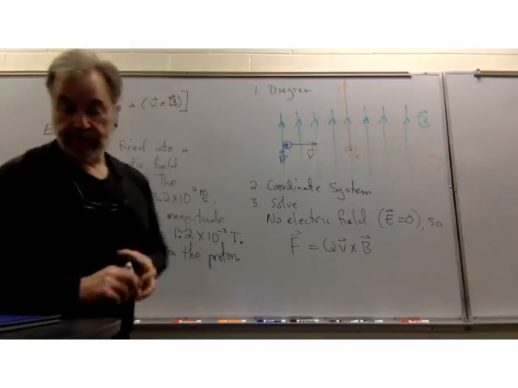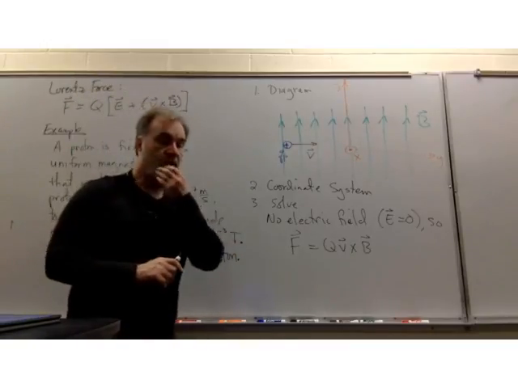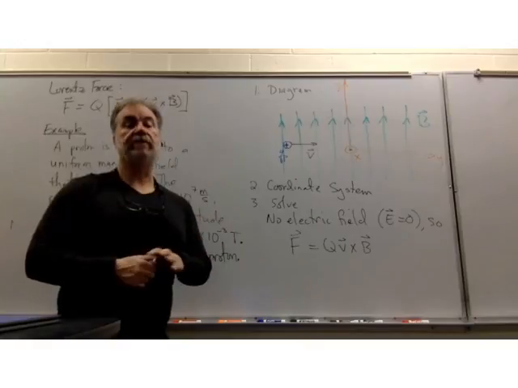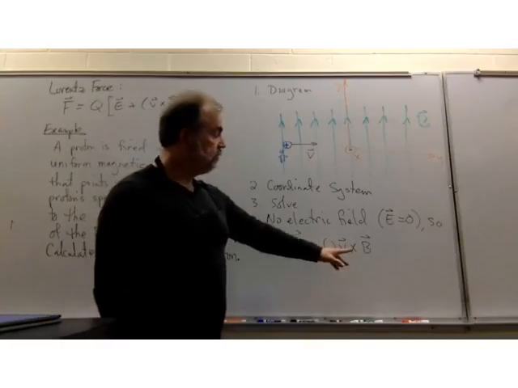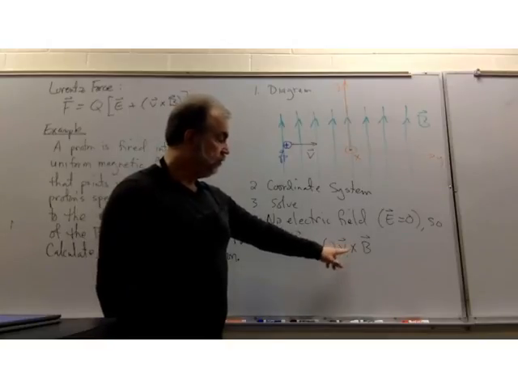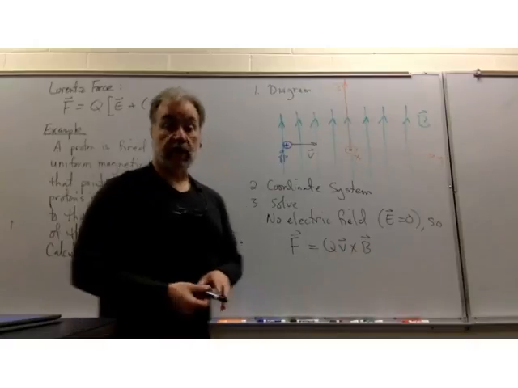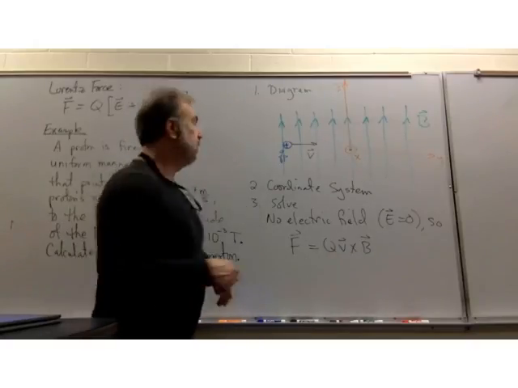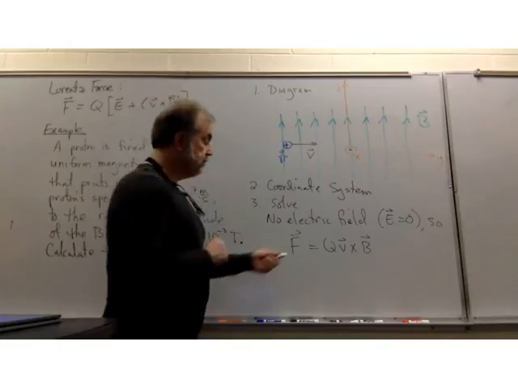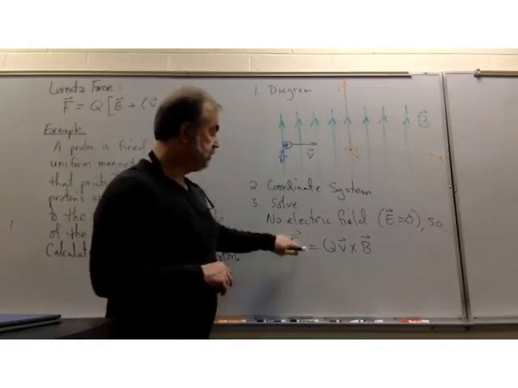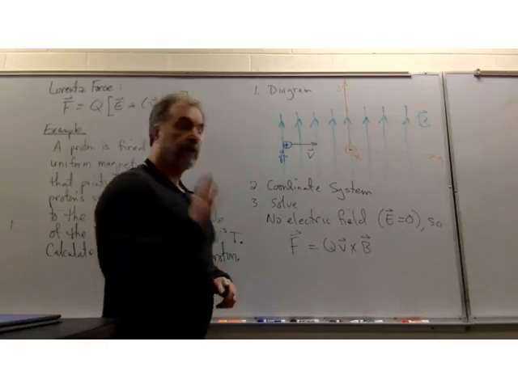Doesn't really matter which one we do first. Let's get the direction of the force first, because that's just analyzing the cross product. You remember how to do the cross product. V is your first vector, B is your second vector, and to determine the direction of the resultant vector, I use the right-hand rule.